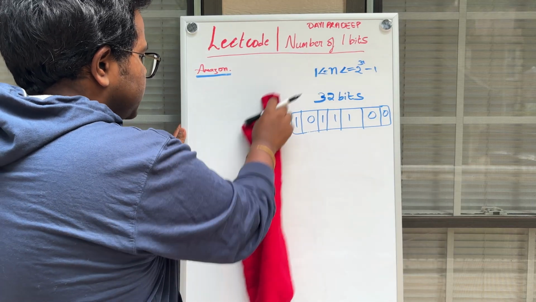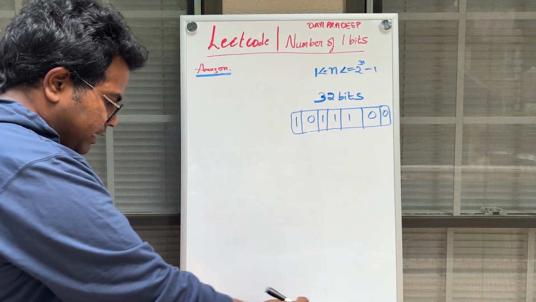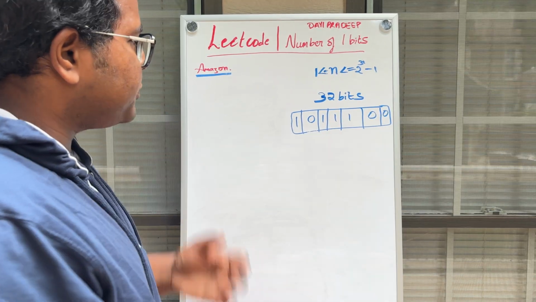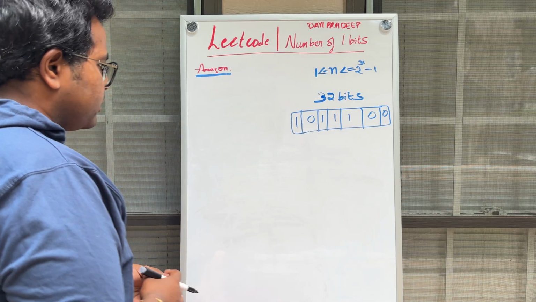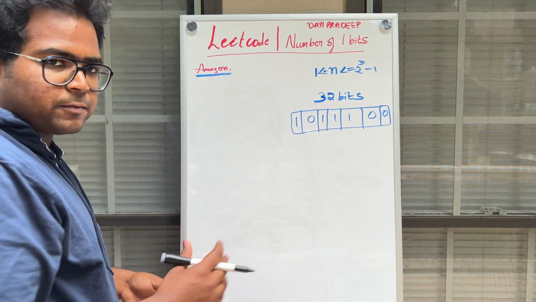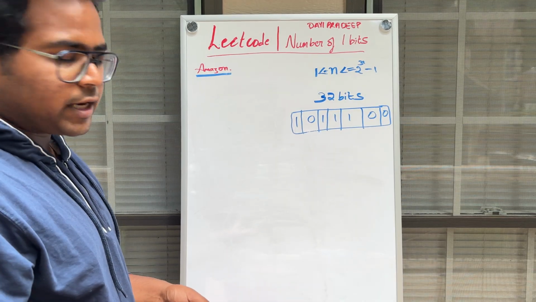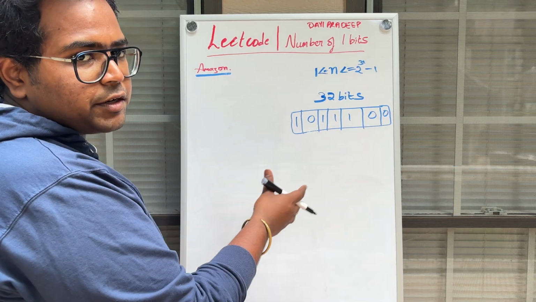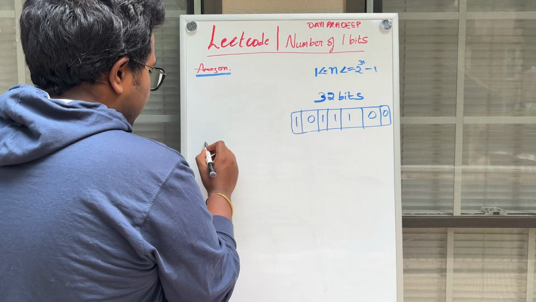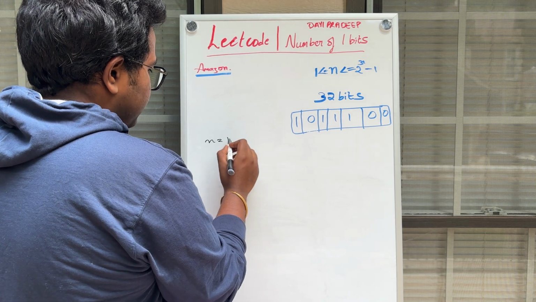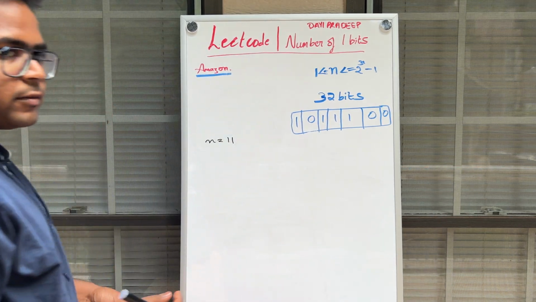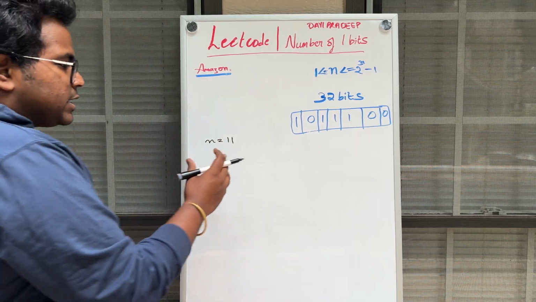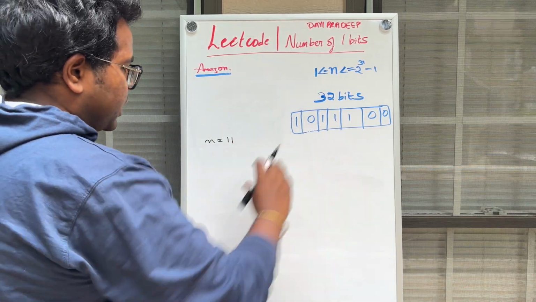The first approach is the right shift, a binary shift operation, which is pretty efficient. Let me explain why we are using the right shift operation. Suppose n is an integer, and let's say its value is 11. How is 11 represented in binary form?